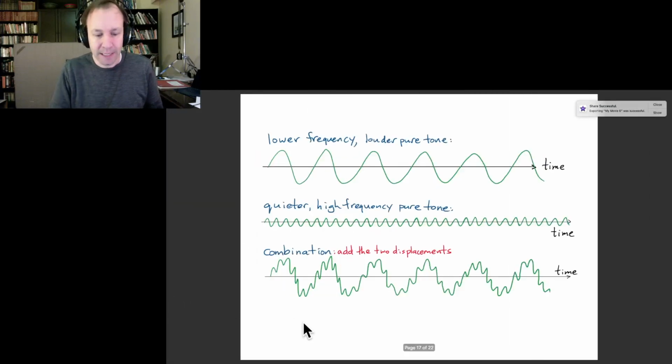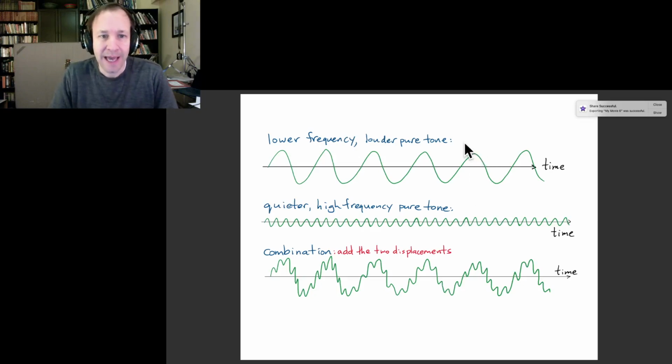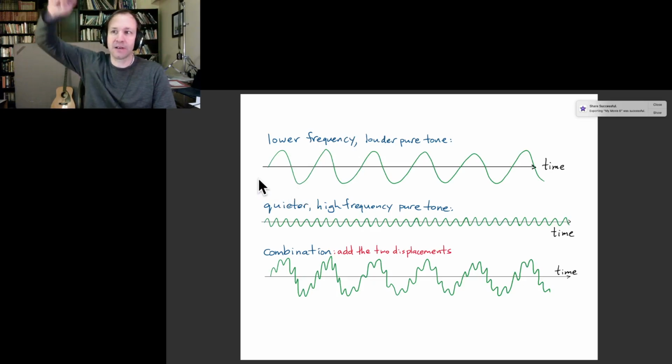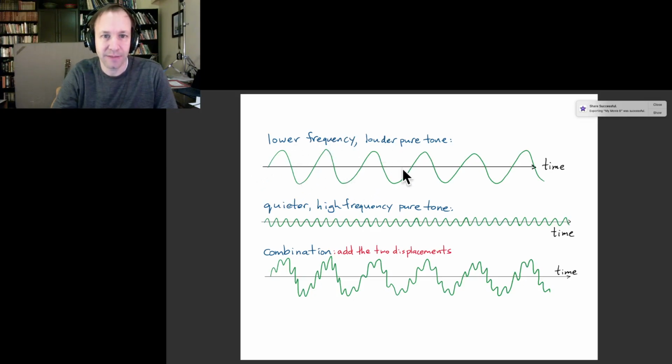If I look at those three graphs all at once, you could see that if you added this one to this one, you would be rippling up and down, but overall following the path of this original sinusoidal graph.